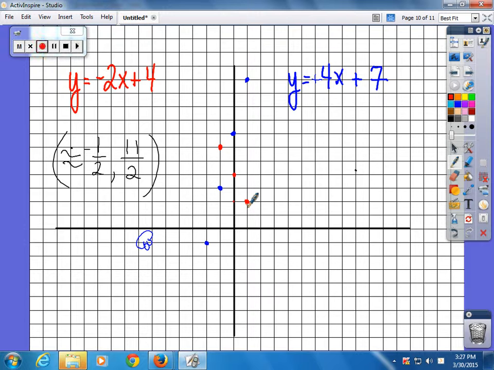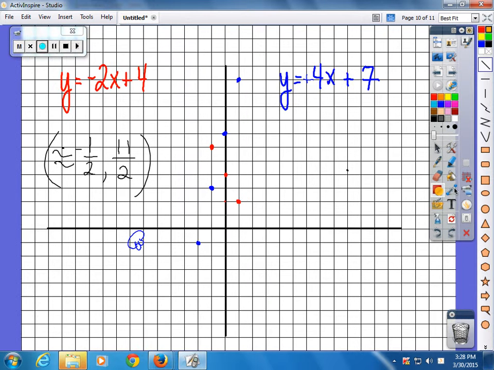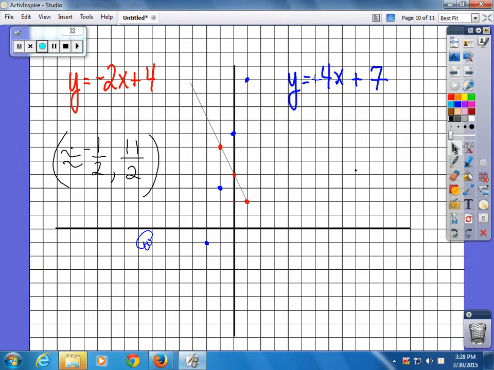Alright, so let's take our handy dandy line maker. I'm not going to put arrows on it, okay? I'm going to use a pen line. It's supposed to be blue, and then red, and then blue.